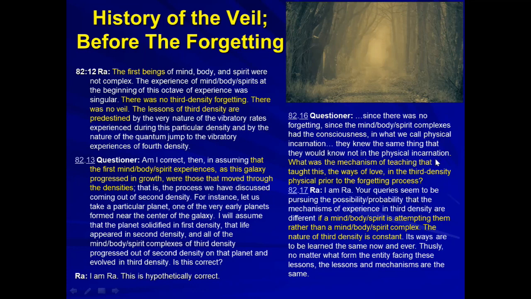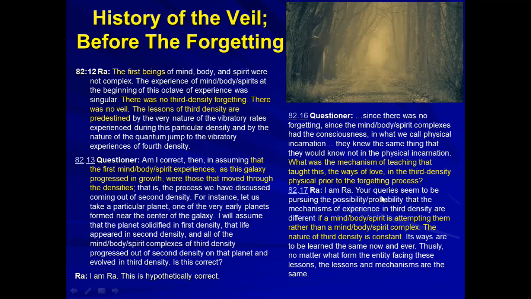So he's asking a question about, so they were living in third density, but they knew what we know when we die and the veil's taken away. They weren't veiled. So he says, what was the mechanism for teaching the ways of love in the third density physical prior to the forgetting process? So how did they grow and learn, because they already had the memory of that? What was the process there?